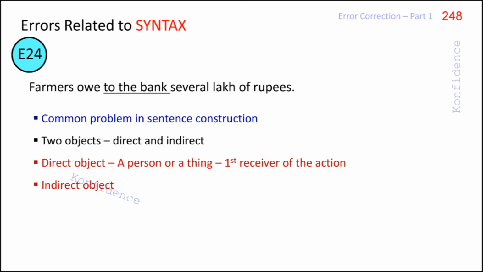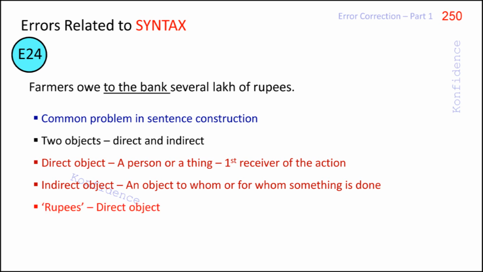The indirect object is an object to whom or for whom something is done. In the given sentence, rupees is the direct object because farmers owe the rupees, not the bank. So naturally, bank is the indirect object in this sentence.